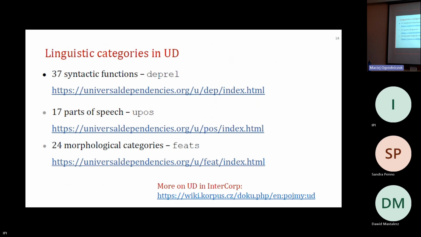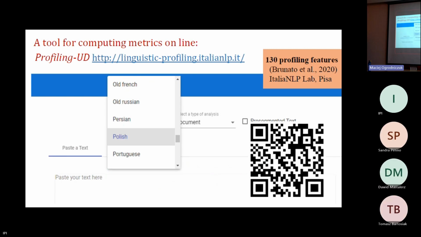And you also shouldn't invent your own category if it's already there in this universal set. We modified the Universal Dependencies standard for InterCorp, and you can find more about this here. I'll say more about this later. It's actually an extension in the annotation of the corpus, so that it could be usable.